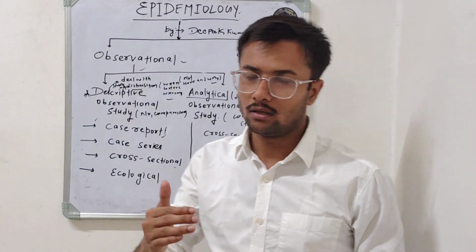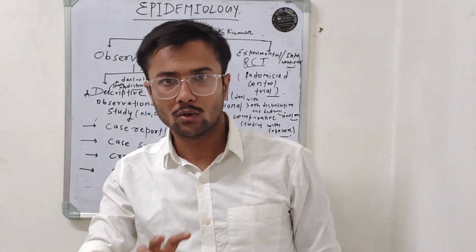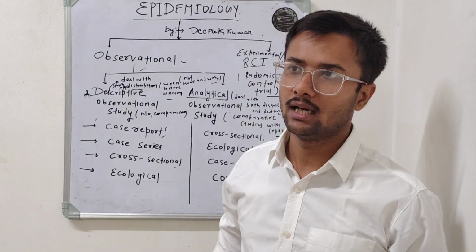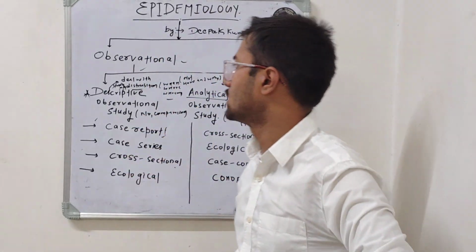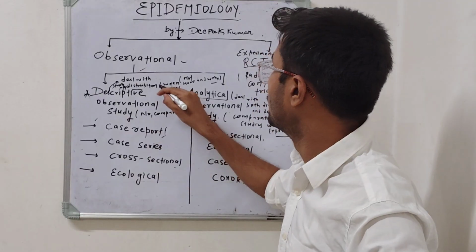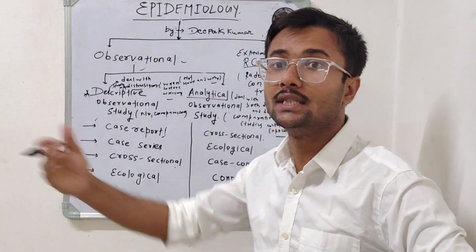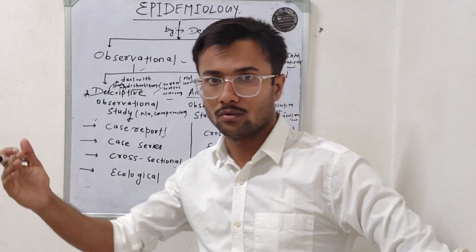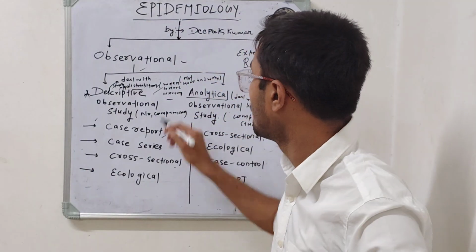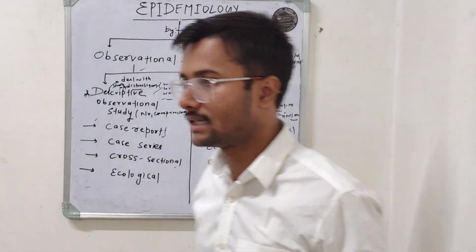Distribution means where the disease occurs, whom it affects, and when it occurs. That is, at what time the disease occurs, at what place the disease occurs, and who is affected by the disease.